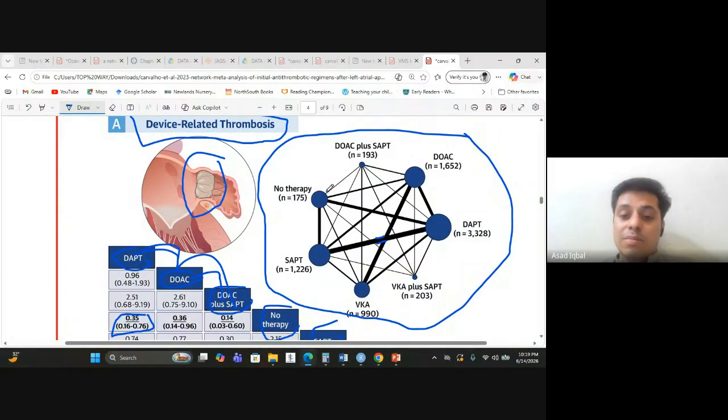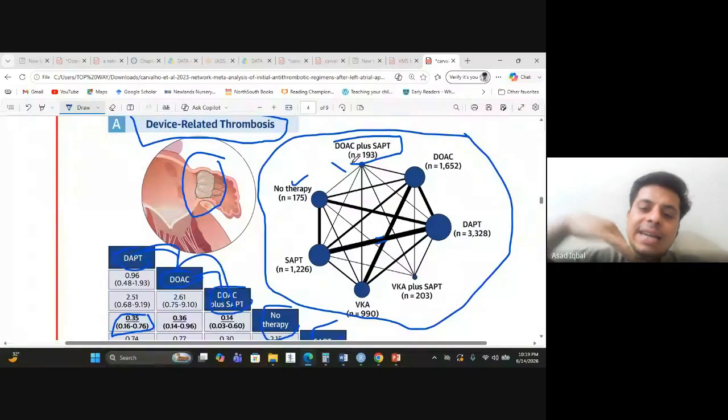So no therapy versus this has a very thin line, meaning maybe one or two studies connecting this link, but DAPT versus SAPT after left atrial appendage closure maybe has the highest number of studies contributing to this connecting link.